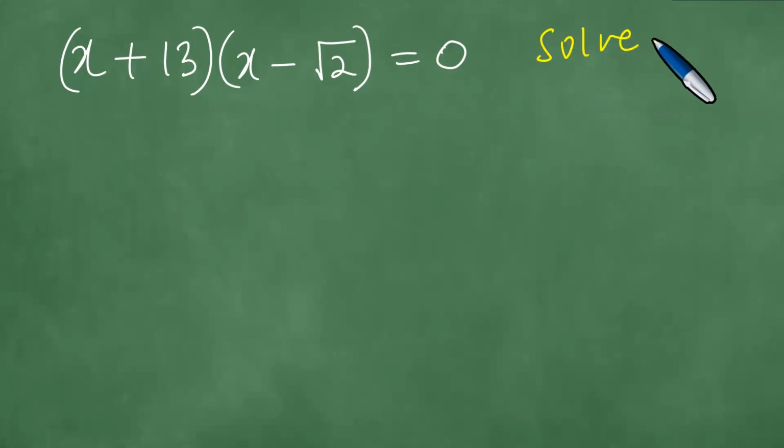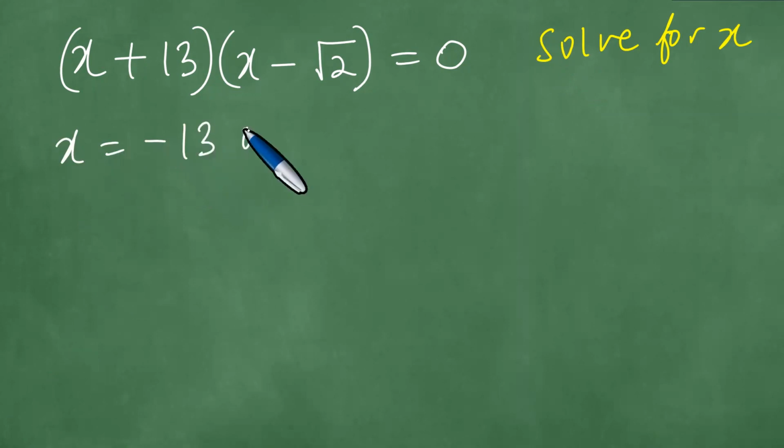I think x equals negative 13, or x is equal to positive square root of 2. Well done, x equals positive the square root of 2, and that's excellent stuff.